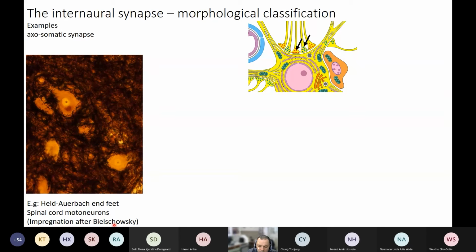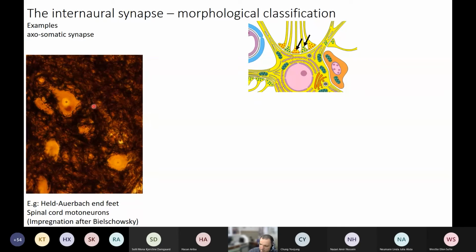When I gave you the talk about the imaging and studying the nervous system, the techniques in general, I mentioned this impregnation, that you have yellow cells and you have black or very dark brown nerve fibers everywhere. Myelinated fibers are mainly marked, but the neurofibrils are also visible.